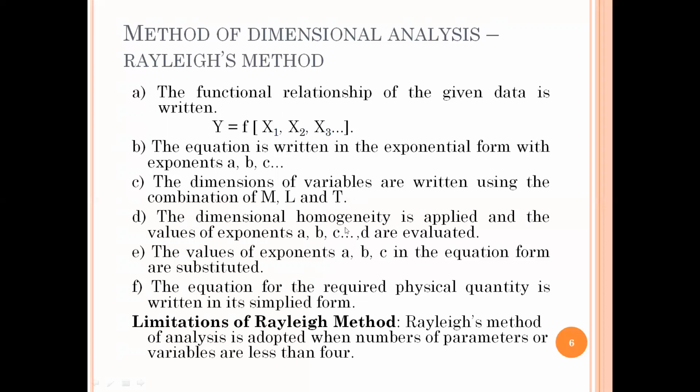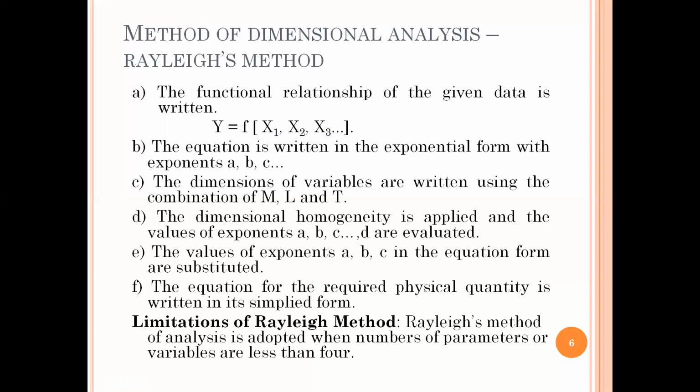Then dimensional homogeneity is applied: the value of M on one side is equated to the sum of the M values in x1, x2, x3. Then by simultaneous equations, I solve for the a, b, c values. Finally, after knowing the values, I can write the equation in its simplified form.